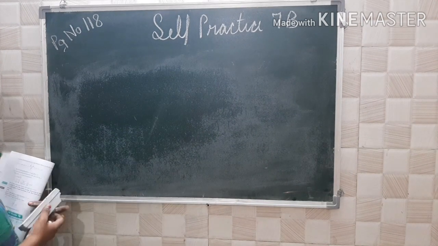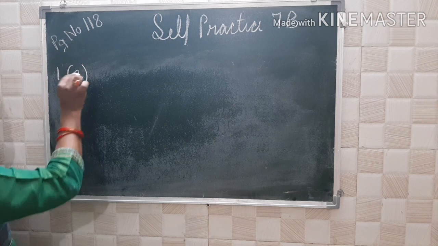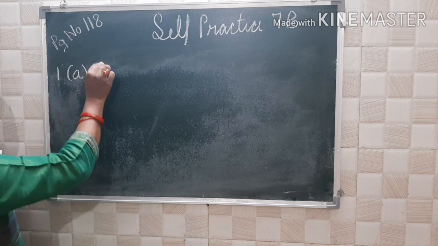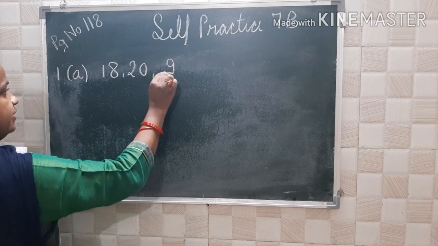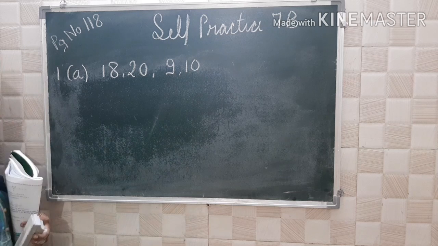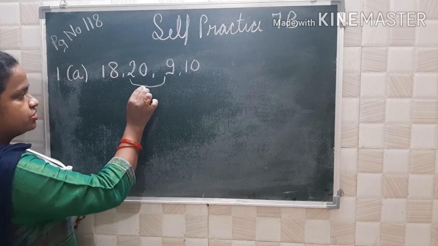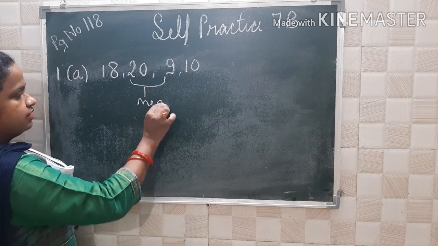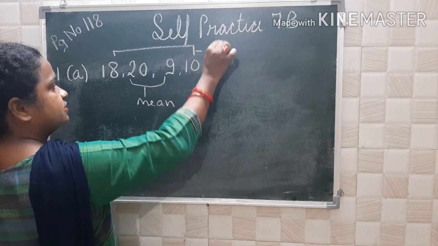Now self-practice 7B, question number 1, A part: 18, 20, 9, 10. Which ones are the means? These two are in mean position and these two are at extreme position.